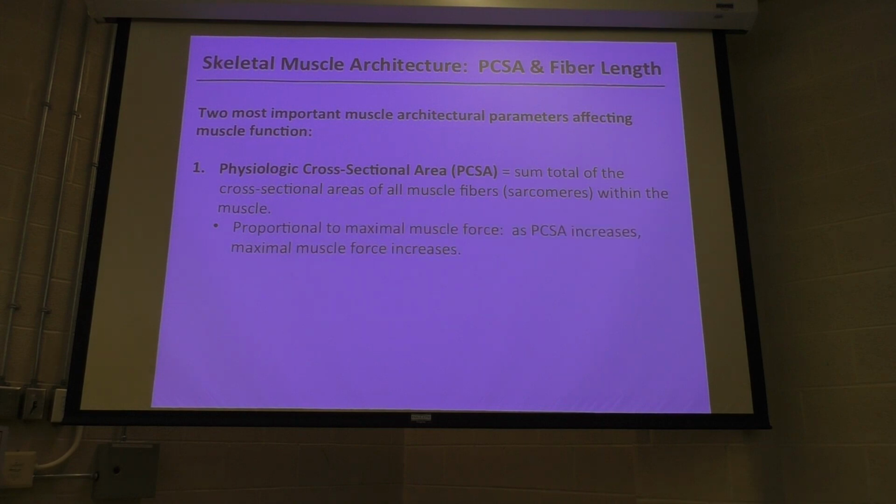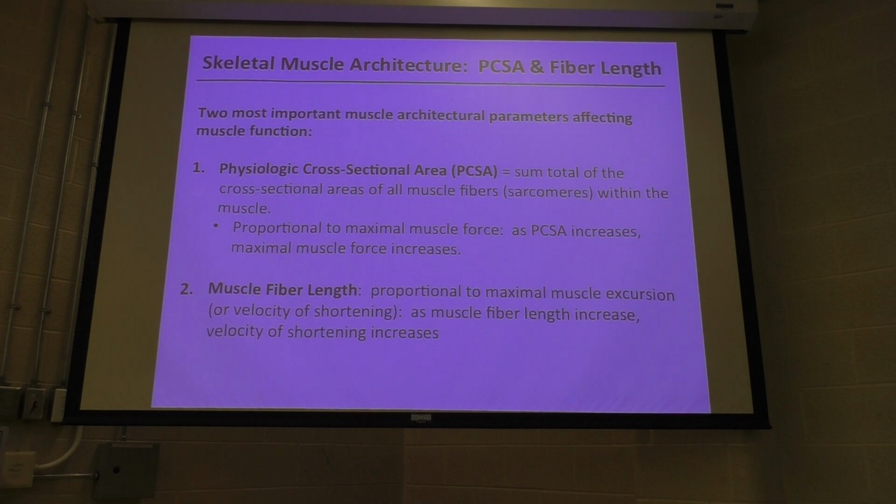Two important parameters affecting muscle function are physiological cross-sectional area and muscle fiber length. PCSA is the sum of all cross-sectional areas within the muscle, and it's proportional to maximum force. If I were to tell you that this is the cross-sectional area, you'd believe me, right?